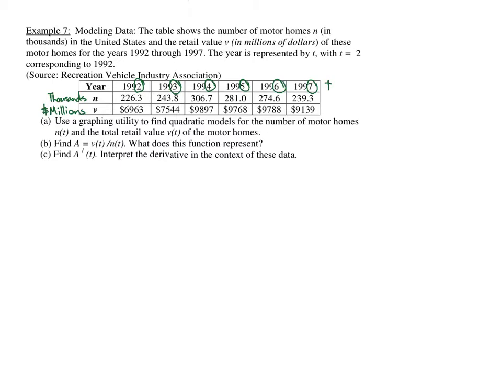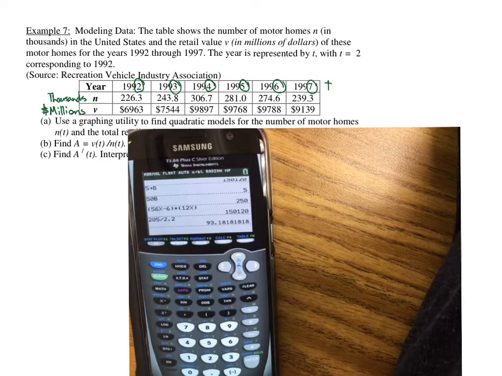The first thing you need to do is go to Stat and hit Edit. We're going to put the times in list 1, the number of motorhomes in list 2, and the value in list 3. Go ahead and do that real quick and I'll pause it.